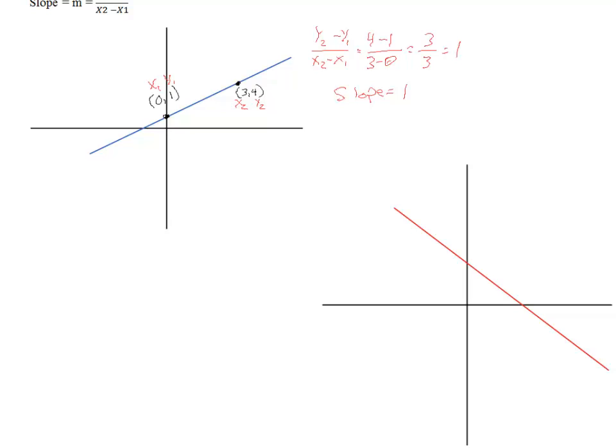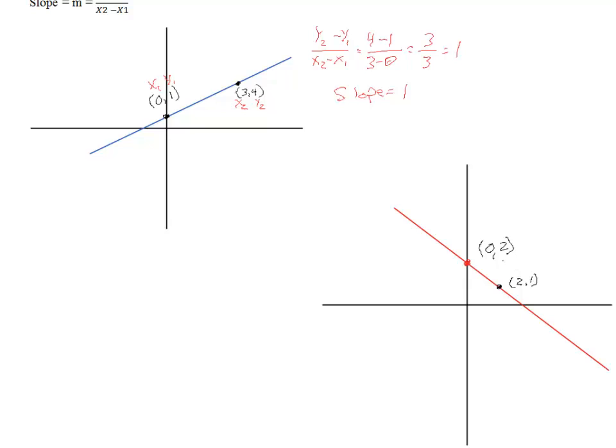So let's try one more. Let's say that this time our point right here is (0, 2), and let's say we have another point right here that ends up being (2, 1).